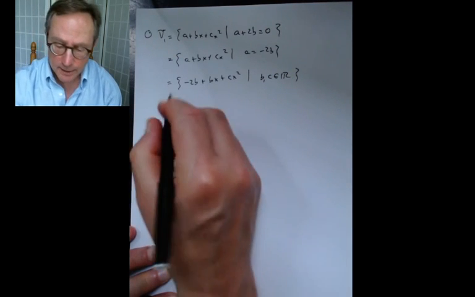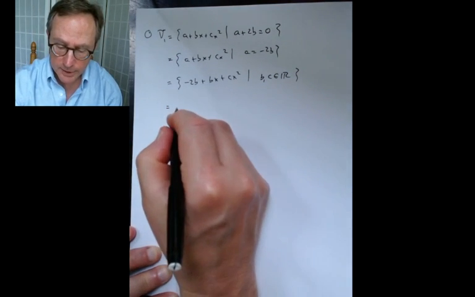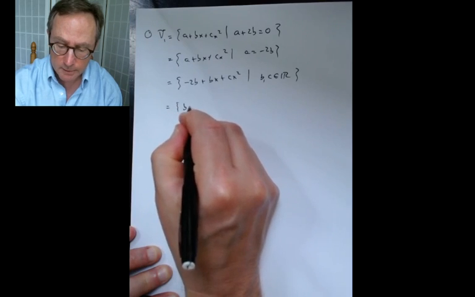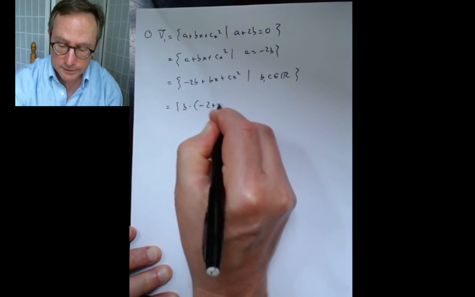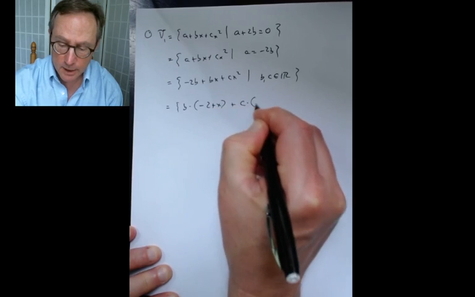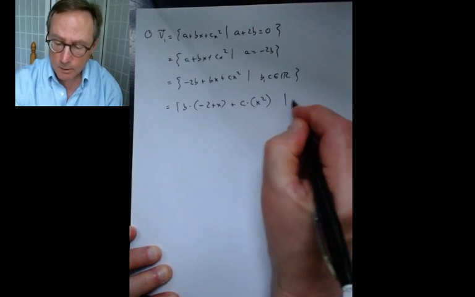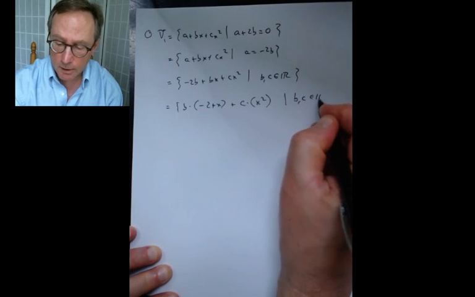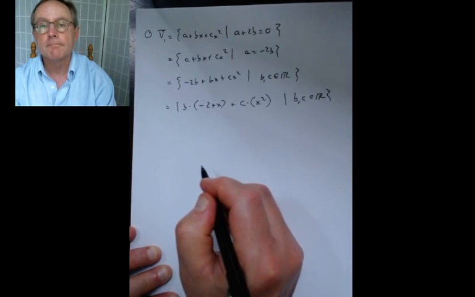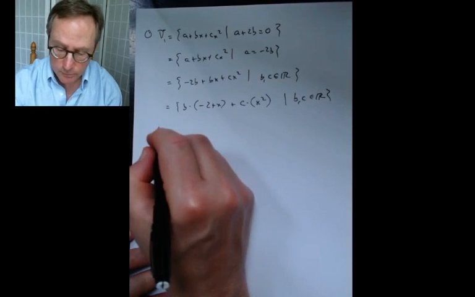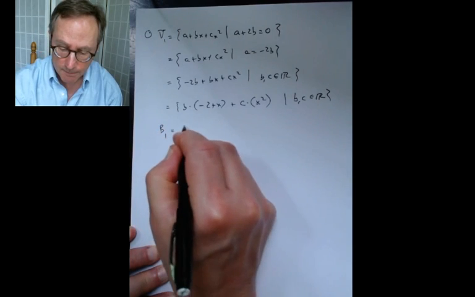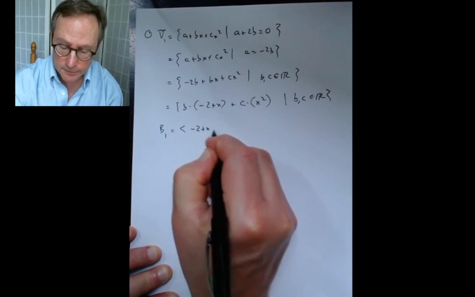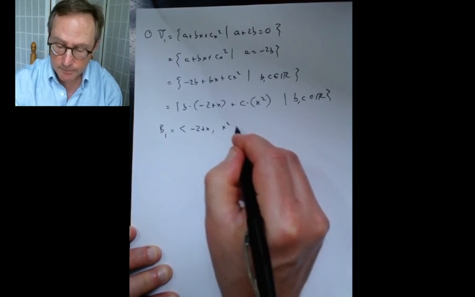And I like to break out the b's and the c's. I like to parameterize, so we're looking at b times minus 2 plus x, and c times x squared, where b and c are real, are free. Okay, so what we get then is a basis: minus 2 plus x, and x squared.